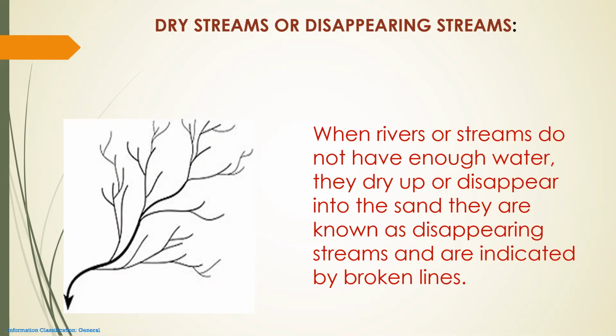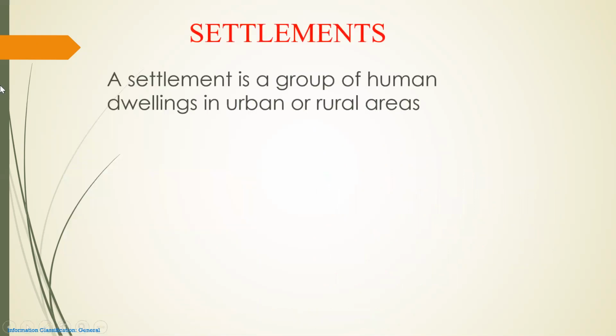During the rainy season, we can see these streams, and when the dry season comes, they disappear into the sand. So such types of drainage patterns are known as what? Disappearing streams. These are the four important types of drainage. Draw these figures or patterns in your mind, and you can easily identify these drainage patterns for your examination.